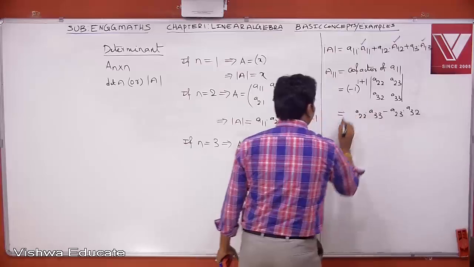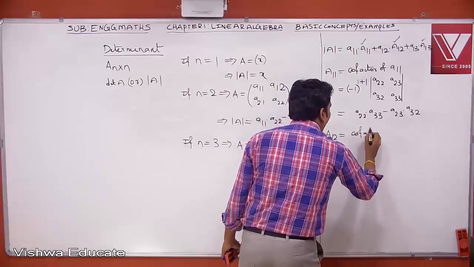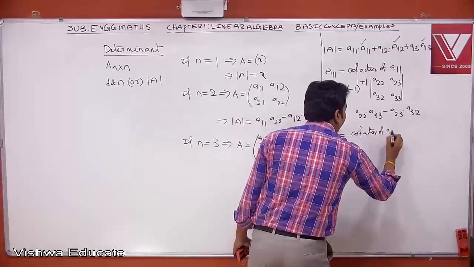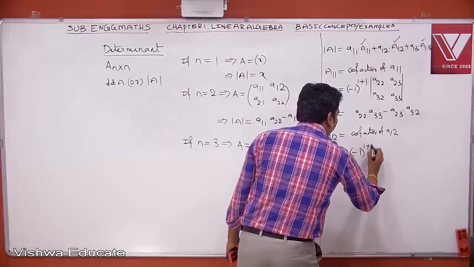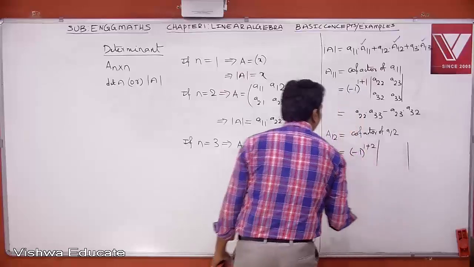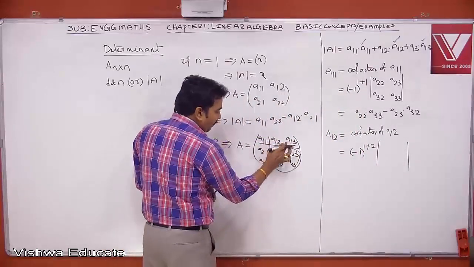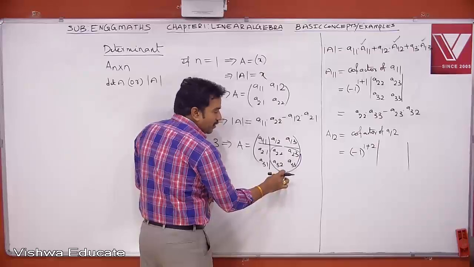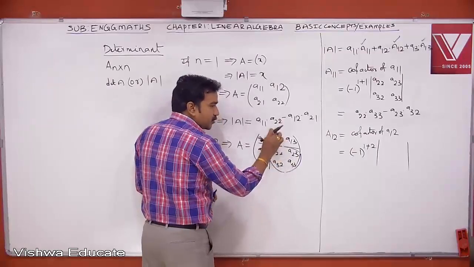The determinant of this 2 by 2 block, according to the earlier rule, is A22 into A33 minus A23 into A32. Similarly, I can write capital A12. This is the cofactor of small a12, given by minus 1 whole power 1 plus 2 into the determinant of the submatrix. It is present in the first row and second column. So eliminate the row and the column in which the element is present.